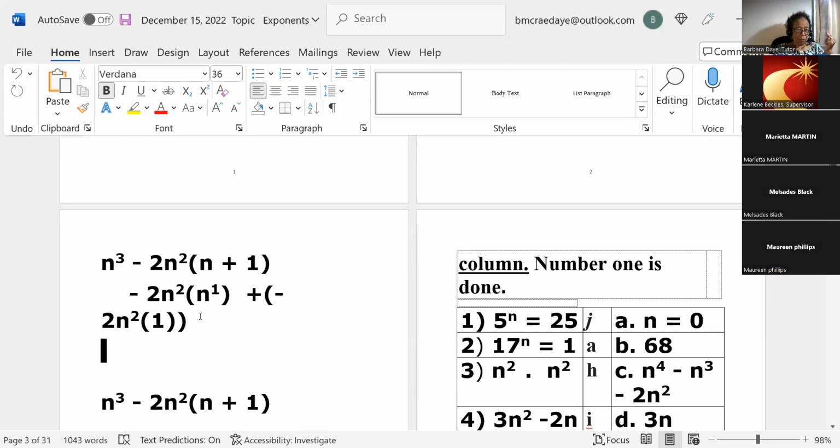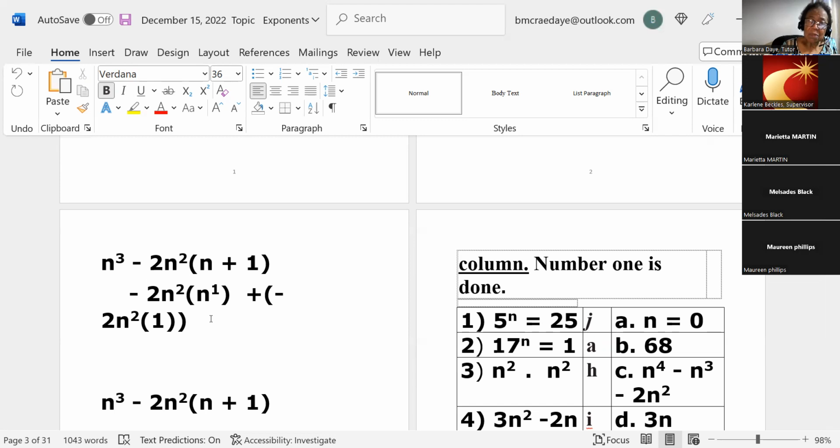What does that give you? I'm talking coefficients now. That's the number in front of the variable. There's a 1 in front of the n. That's the default. No, multiplication, Marietta. What's 2 times 1?